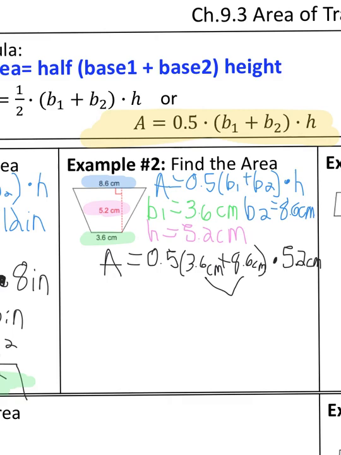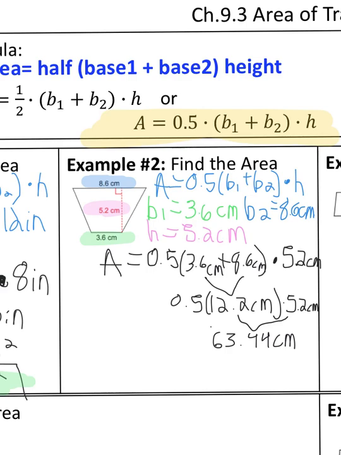So 3.6 plus 8.6 is going to give me 12.2 centimeters. Then I bring the rest of the formula down, and then I need to multiply. What's 12.2 times 5.2? If you plug that into your calculator, it's going to give you 63.44 centimeters. And the last thing I need to do is what's 0.5 times 63.44 centimeters squared.